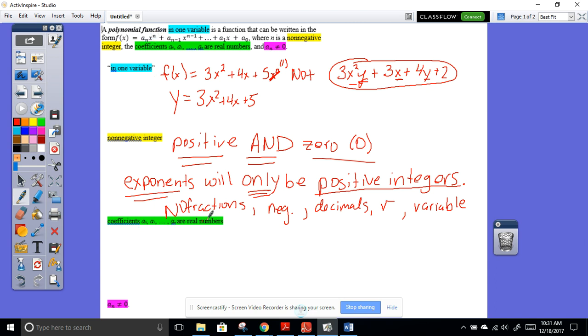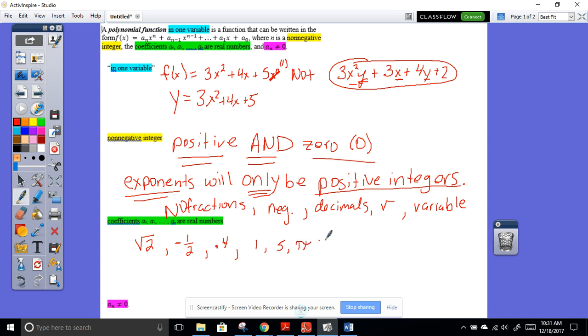So this is just saying that our coefficients will be real numbers. Now remember, real numbers can be square roots, they can be decimals, they can be negative, they can be fractions. So these are all the things that our coefficients can be, and they can, of course, just be regular numbers like 1, 2, 5.